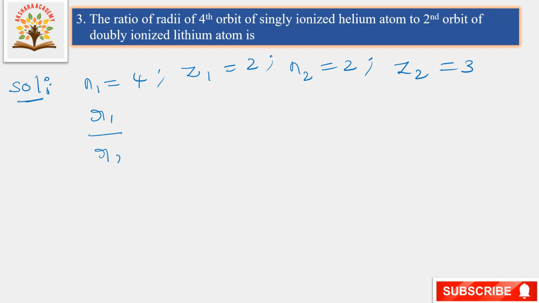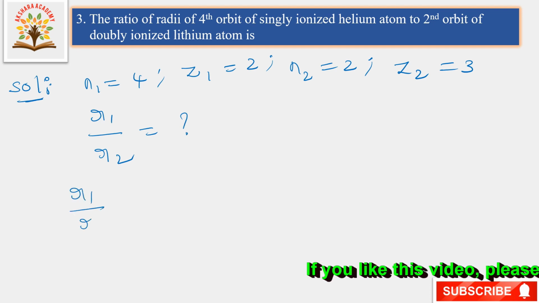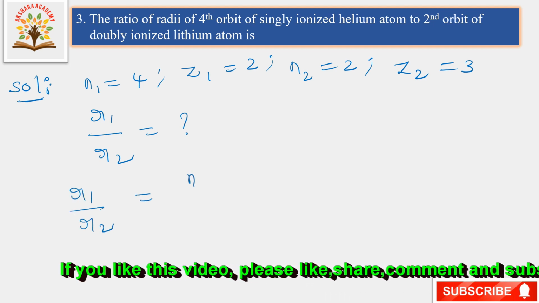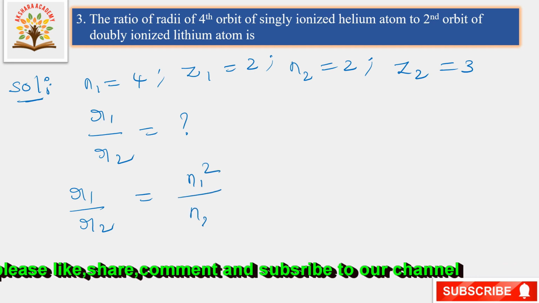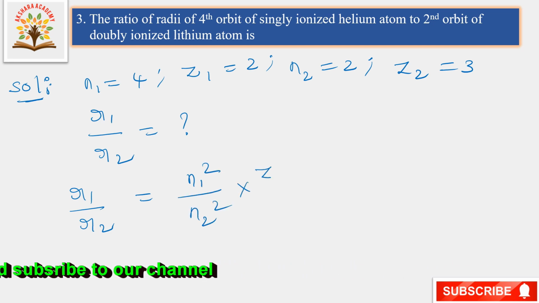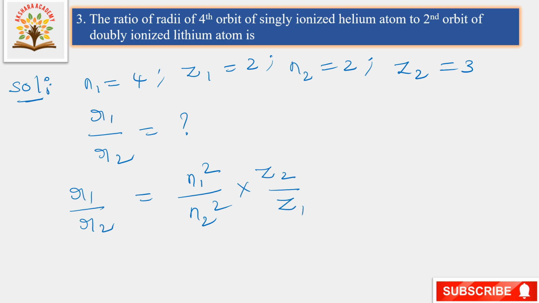R1 by R2 is equal to n1 square by n2 square into Z2 by Z1, that is equal to (4 by 2) whole square into 3 by 2. So here 2 ones are 2, 2 twos are 2 square, 4. This 2 gets cancelled, 3 twos are 6.